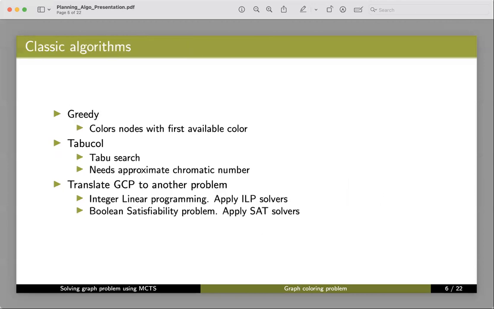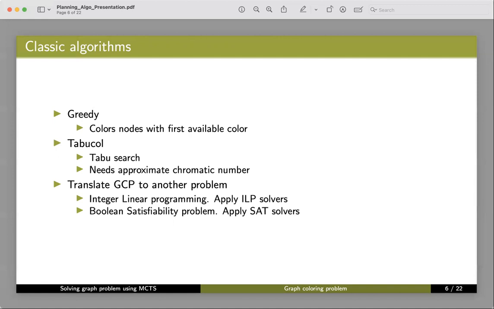Now, Nikolai with the review of algorithms. Okay, so we have 3 types of classical algorithms that can be used. Greedy algorithms, which I will talk about a little bit later, but it stands for coloring nodes with the first available color. Tabucol algorithm, which stands for tabu search plus approximation of chromatic number.